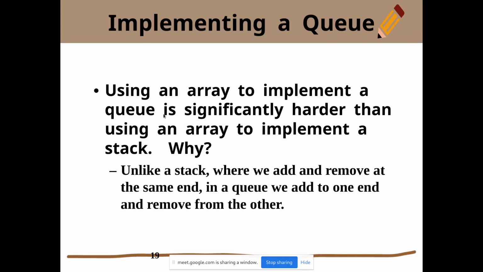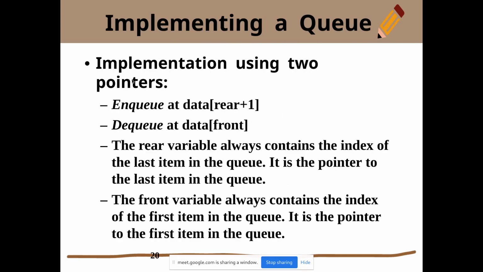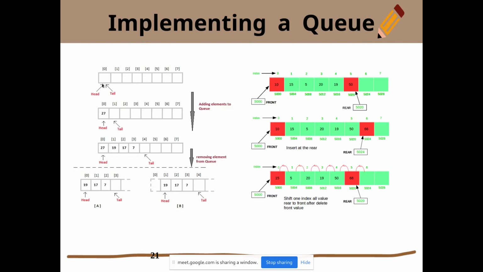But in the case of a queue, since the insertion point and the removal point are different, we will keep two different variables, one for the front and one for the back. Suppose these are two different implementations of a queue. Both of them are very similar, but a slight difference is present.